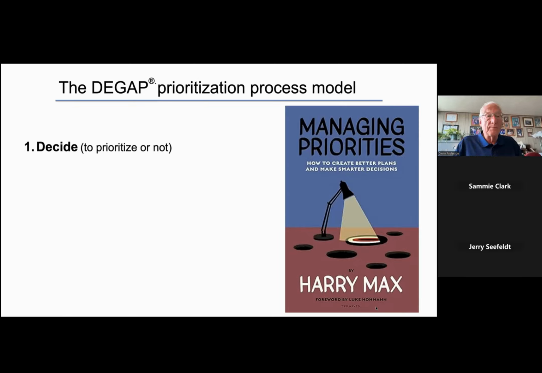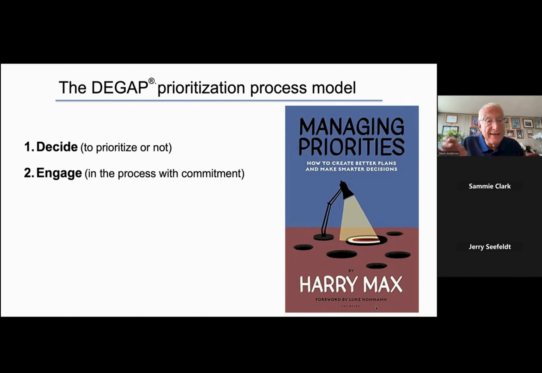The first step, the D in DEGAP, is to decide that you're going to take on this model. And this could take you a couple hours. So you might have to say, the importance of this, the information I have when we're done with this is worth the hour or two it's going to take. But you need to make that decision. Yes, we're going to prioritize and we're going to go through this model.